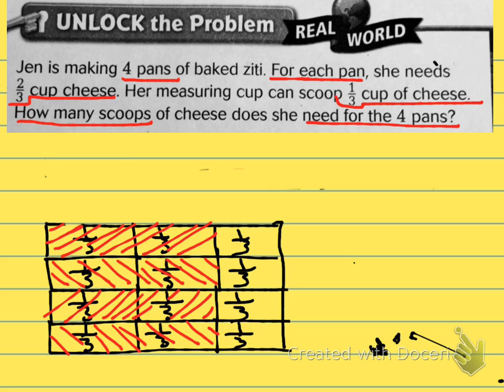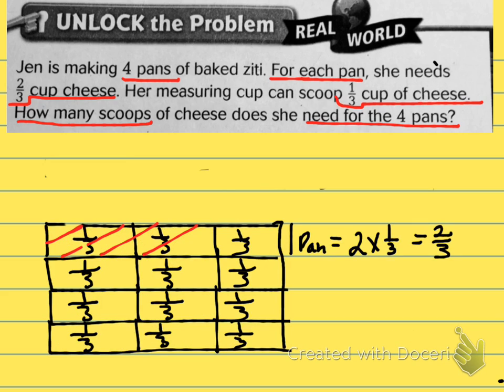So let me say this again. I've taken 2/3 and I've shaded them out. So what I want you to look at is that what I've shaded out is 1 pan equals 2 times 1/3 equals 2/3 of a pan. And I will need to have 2/3 cups of cream cheese.